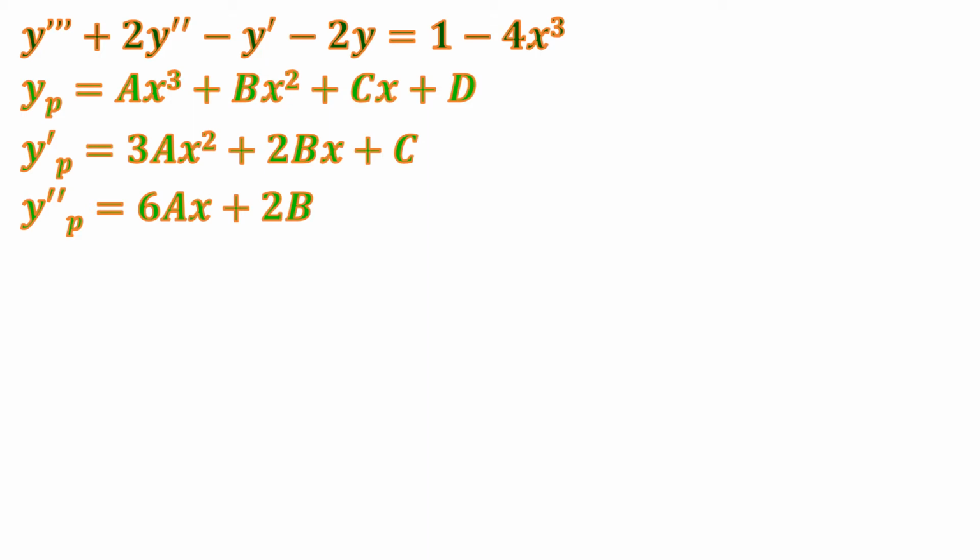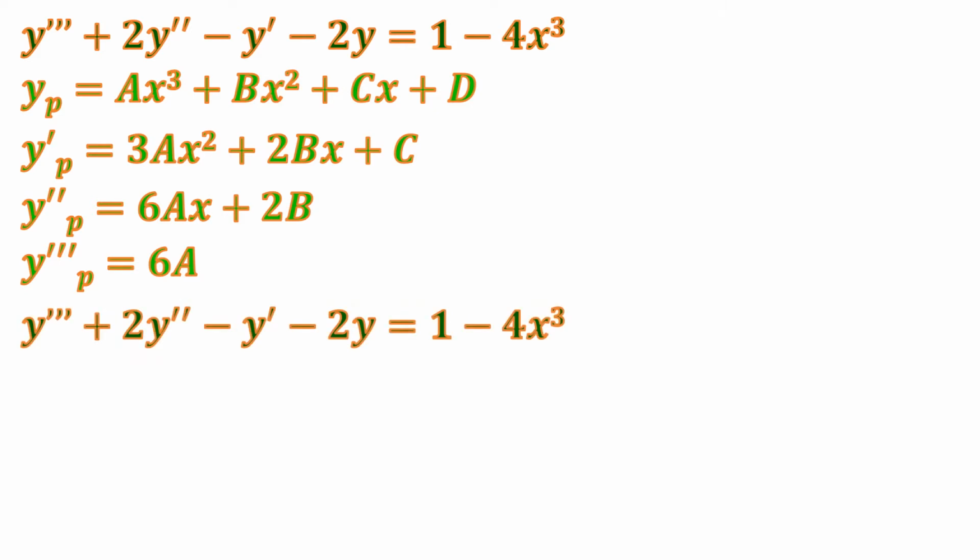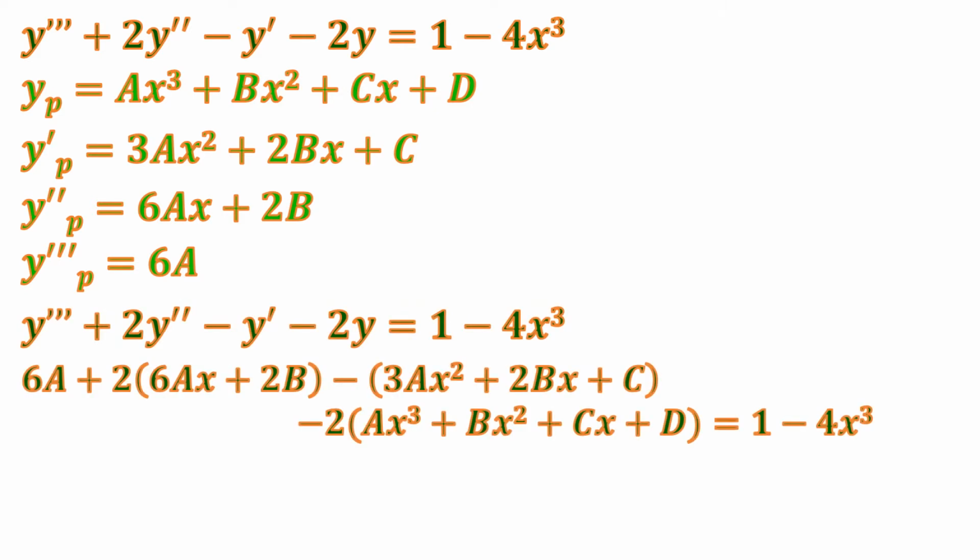And then again, we're gonna derive again the y double prime to get the y triple prime, because our expression is up to the y triple prime. So derivative of 6ax is 6a, and derivative of 2b, since it's constant, is gonna be 0. And so let's substitute from the given. Let's substitute everything.